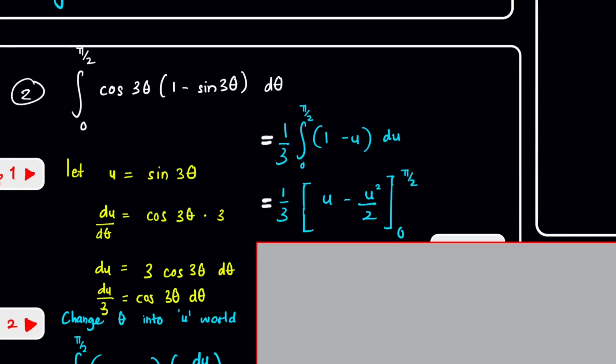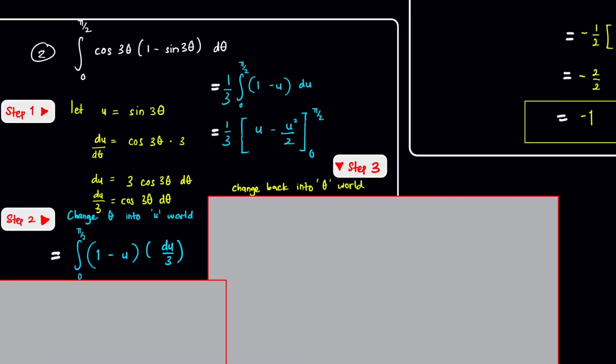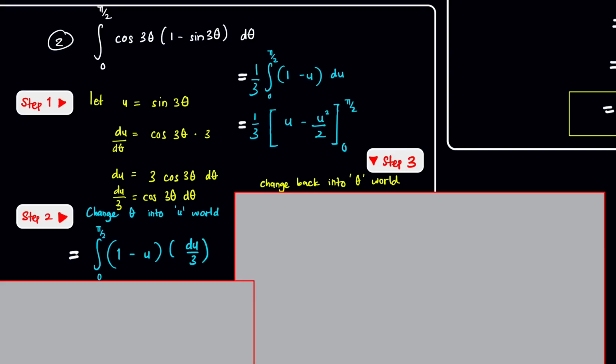Okay, 1 you integrate becomes u to the power of 1, and you apply this power rule, u squared over 2, and you close the bracket with this interval. Then you just need to change back into theta world.